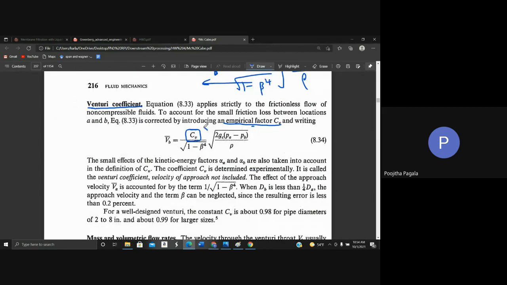Sometimes this entire thing is also known as a Venturi coefficient. Only CV is called the Venturi coefficient, velocity of approach not included. If you include the entire thing, if you also include 1 by root of (1 minus beta power 4), it is called the Venturi coefficient, velocity of approach included.